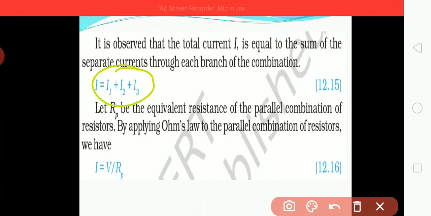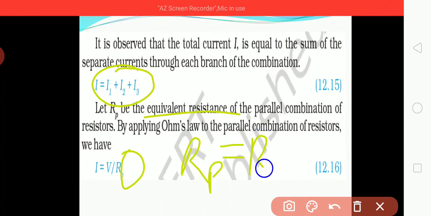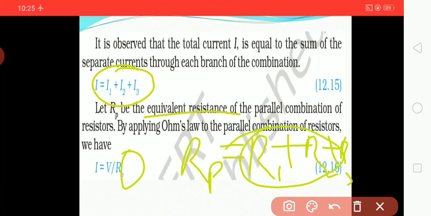Let Rp be the equivalent resistance, which is our total resistance. So will it be R1 plus R2 plus R3? No, because that is for the series connection.